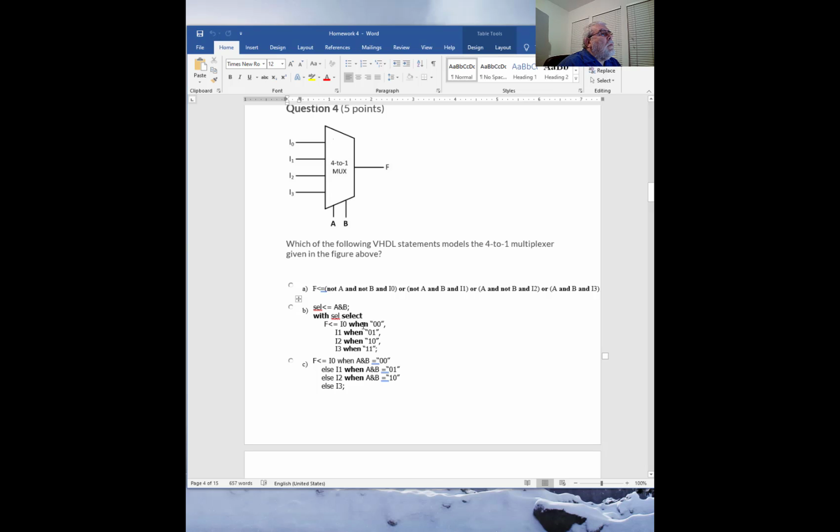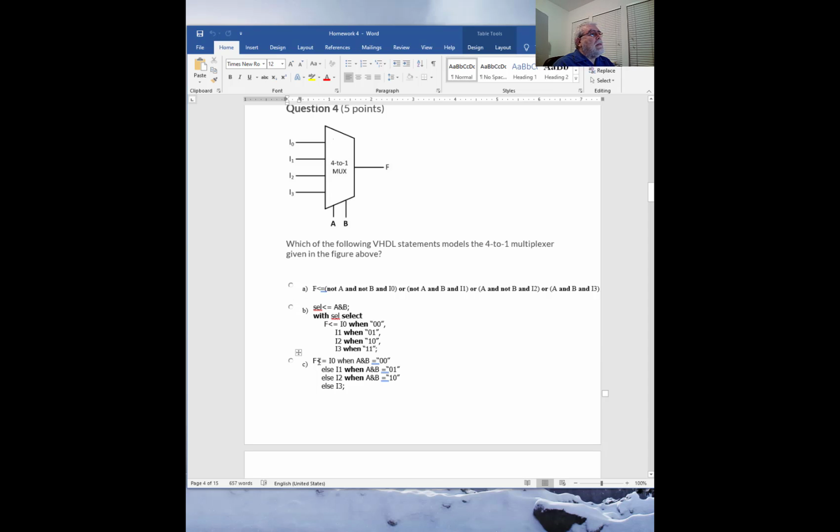So we're using A and B, and A and B are supposed to be either 0 or 1 each one. So for instance, A and ampersand B could be 0, 0, 0, 1, 1, 0, 1, 1. And then depending on all these possible values, which are the only possible combinations, we have I0, I1, I2, and I3. So this is true.